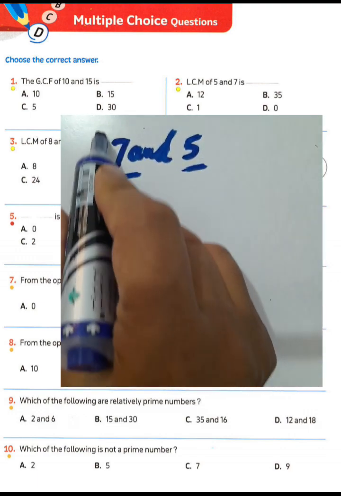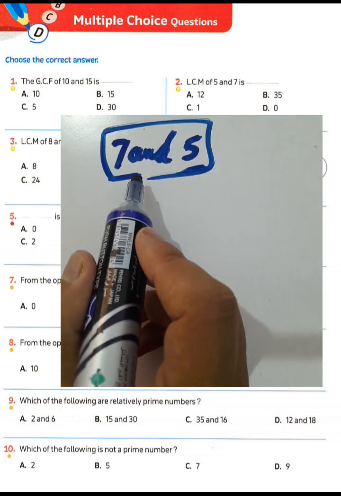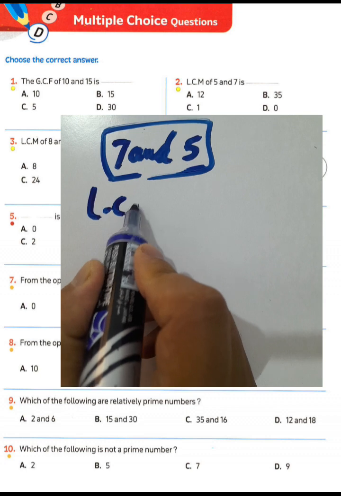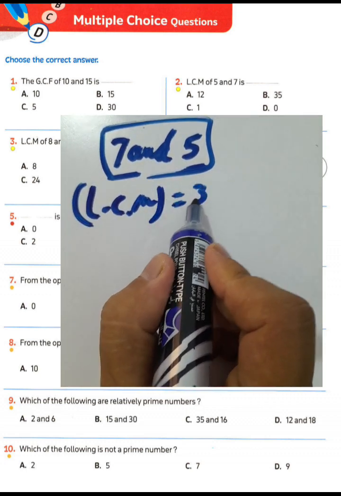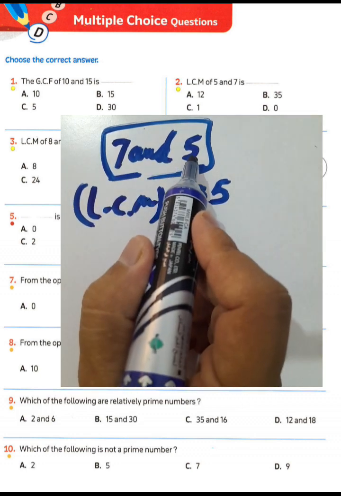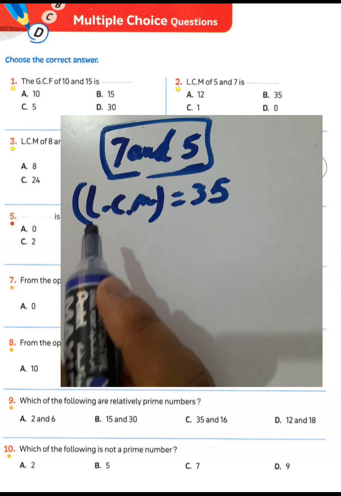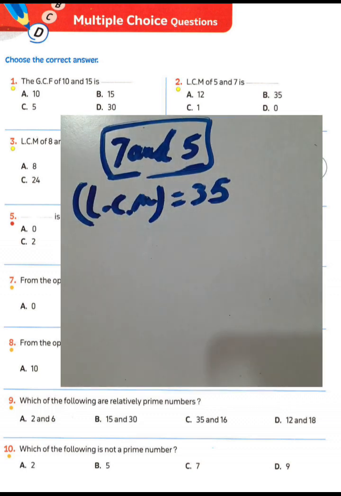Then the least common multiplication between them equals 35. 7 multiplication by 5 equals 35. Choose letter B about question number 2. Okay.